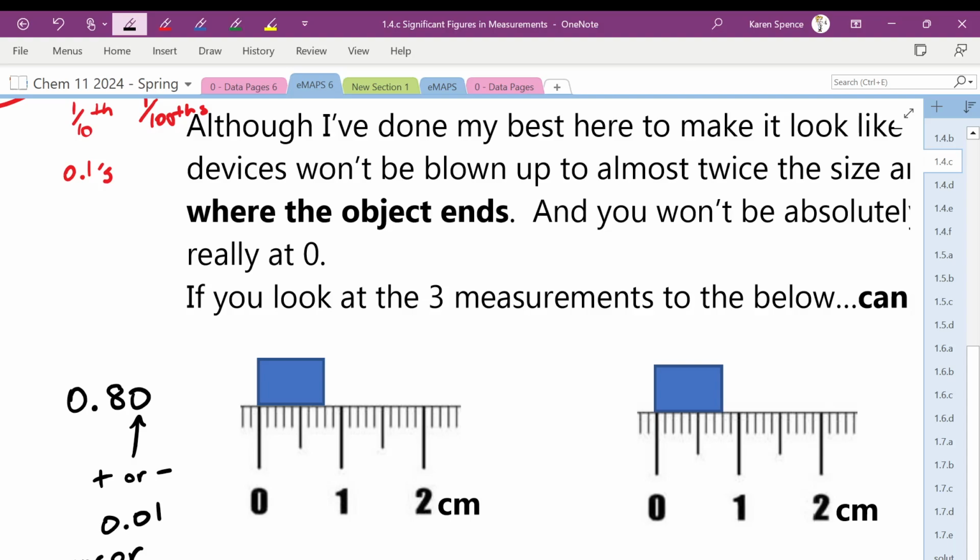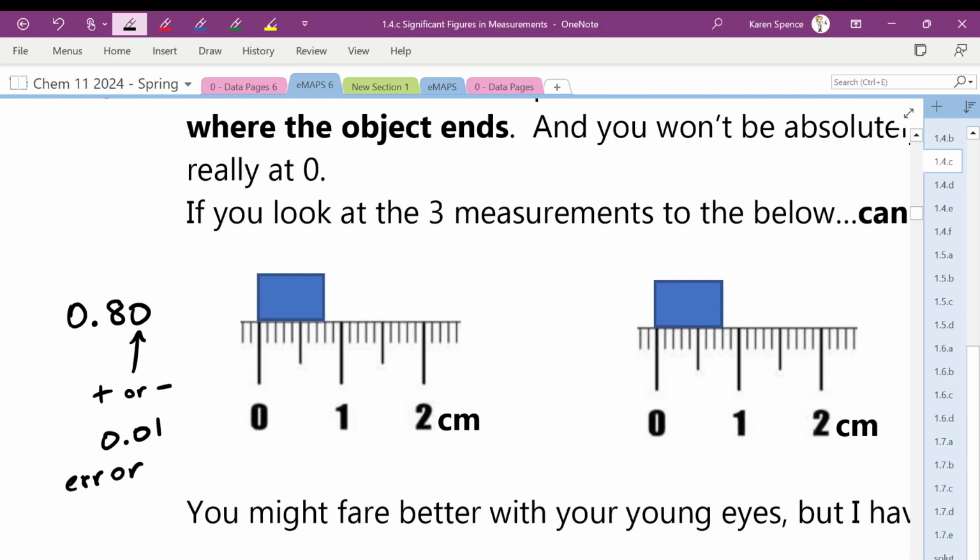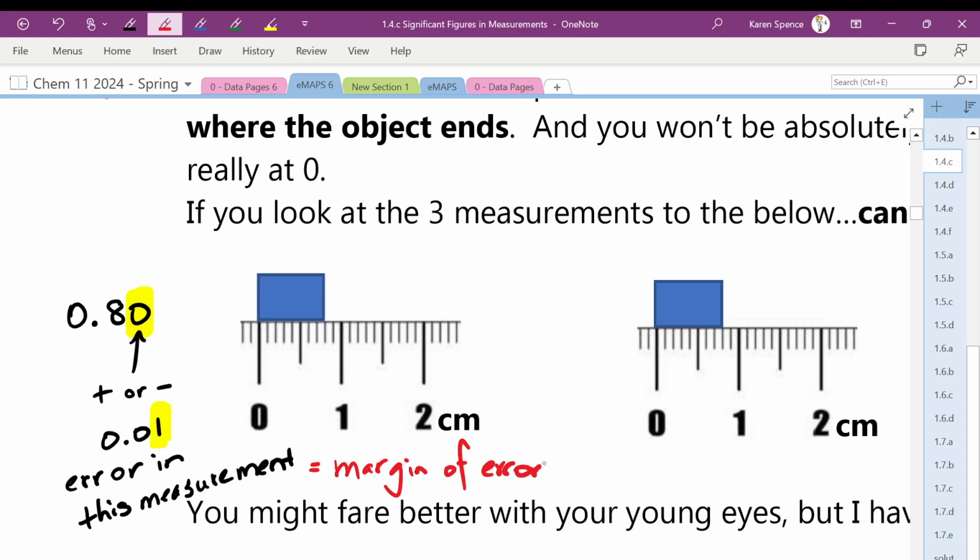Okay, so that's the margin of error. 0.01 error in this measurement, because this digit could be as much as 0.01 higher or 0.01 lower. Does that make sense? Yeah?